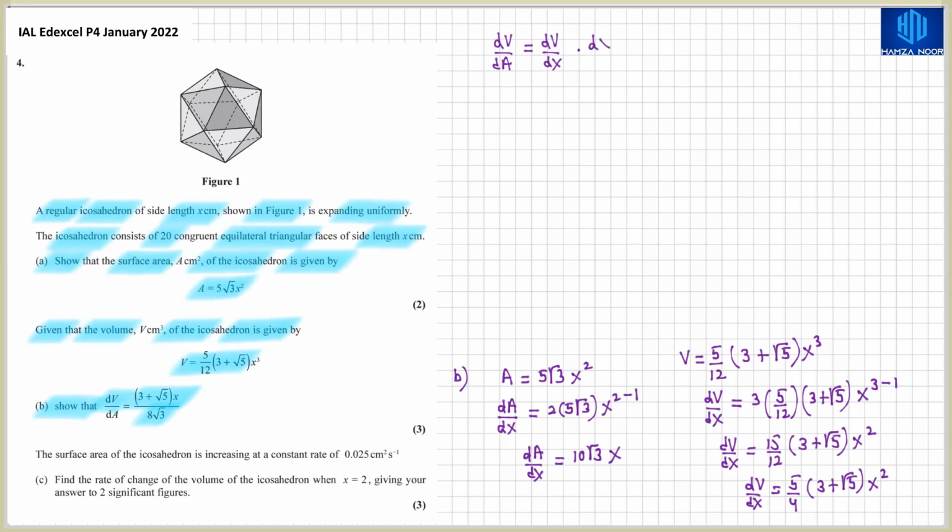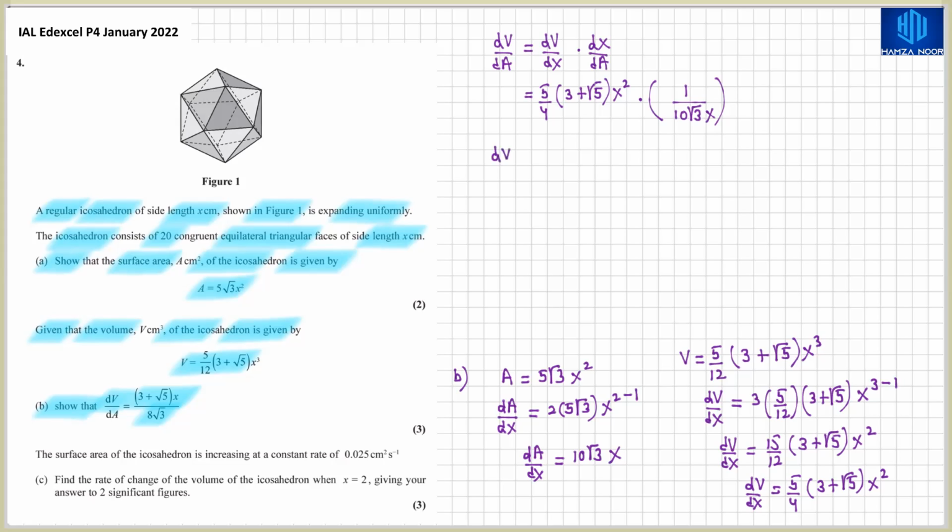by dx over dA, such that dx and dx will be cancelled out and you will be left only with dV over dA. So dV over dx is supposed to be 5 over 4 completely multiplied by 3 plus root 5 multiplied by x square, and then it will be multiplied by dx over dA, and since dA over dx is 10 root 3 multiplied by x, therefore dx over dA will be 1 upon 10 root 3 multiplied by x.